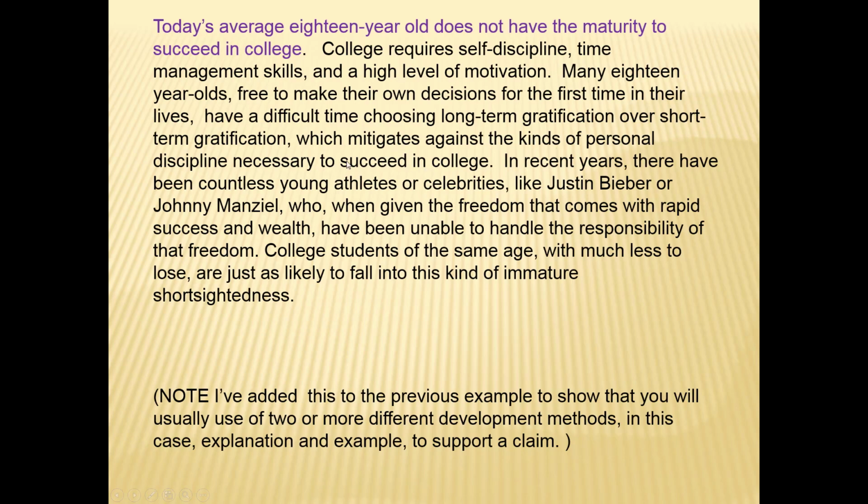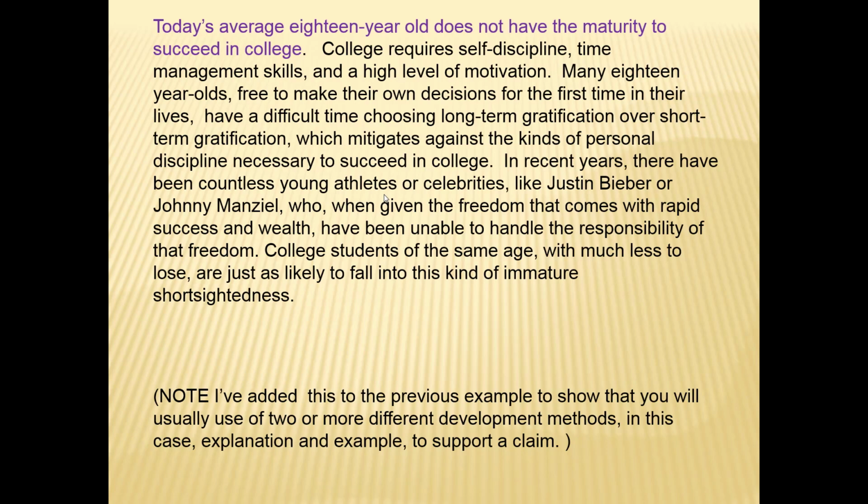So I'm talking about personal discipline, that students don't have the personal discipline necessary to succeed in college. Okay, here's the new stuff. In recent years, there have been countless young athletes or celebrities like Justin Bieber or Johnny Manziel who, when given the freedom that comes with rapid success and wealth, have been unable to handle the responsibility of that freedom.